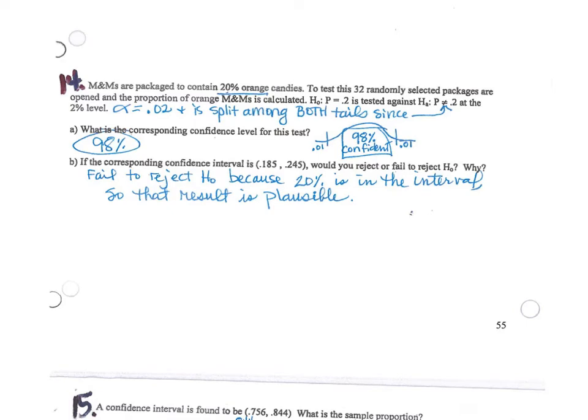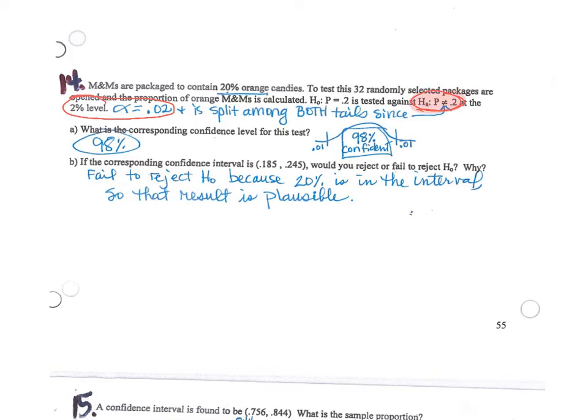So, okay, this A is not 96%. Alpha, the rejection region, is 2% big. That is true. But you have to look at the alternative statement right here. This is critical.